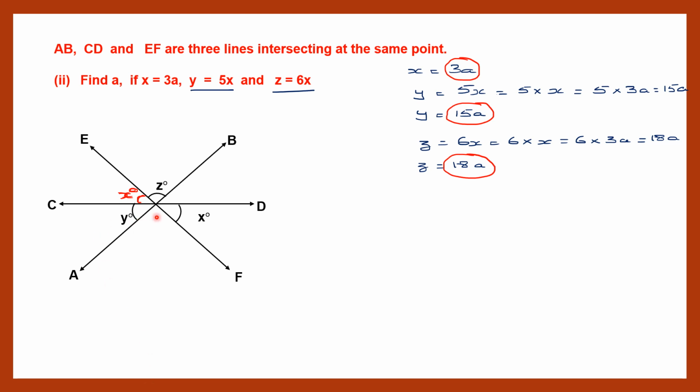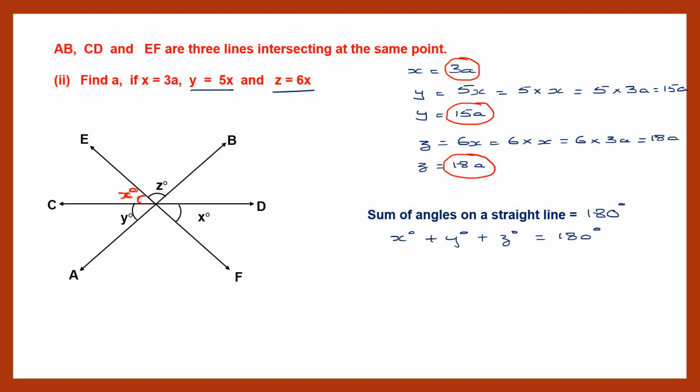So here x, y and z are all on the same straight line. So let's use the property of straight line angles, which says sum of angles on a straight line equals 180 degrees. That means if I add up x plus y plus z, I should get 180 degrees.